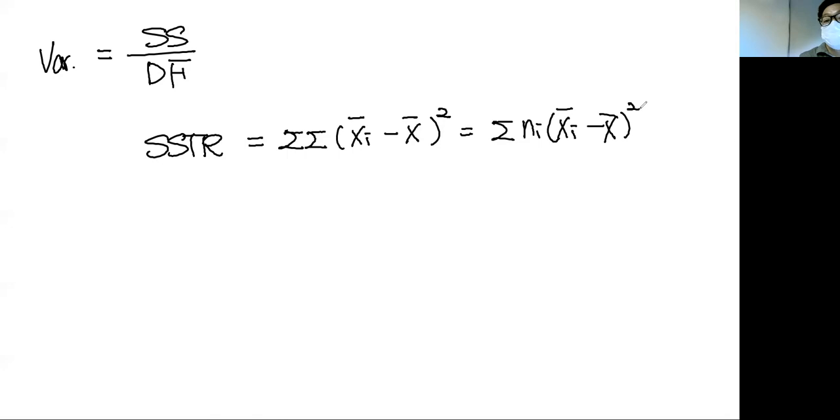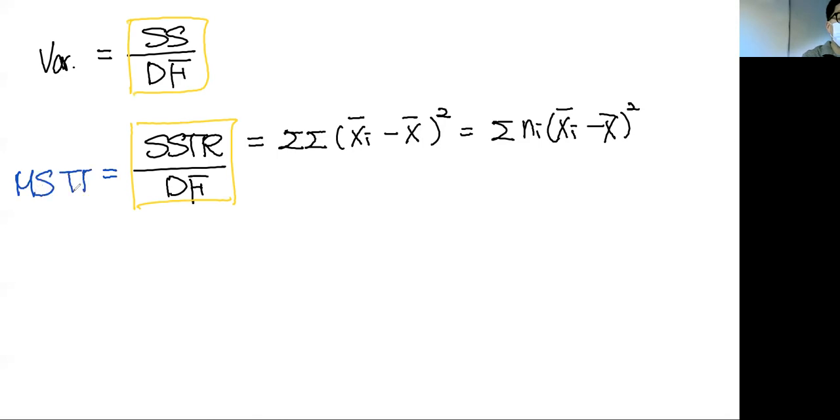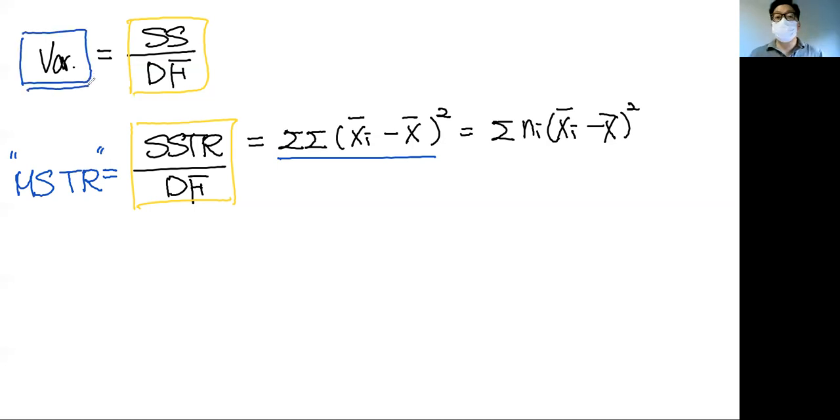If I divide it by the degree of freedom, it will be exactly the same as the form of the variance, right? Then we are going to name it MSTR. So now I can say the MSTR is a kind of variance.